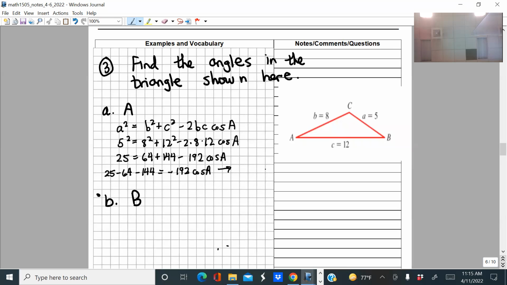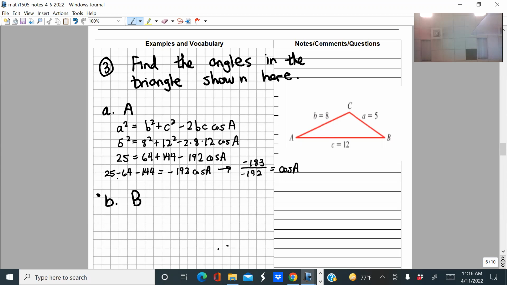So what does that lead us to finally? When you add these numbers together, what do you get? Minus 183 over minus 192 is the cosine of A.